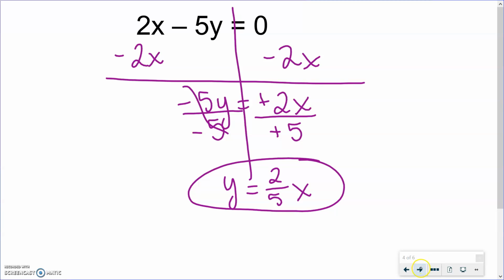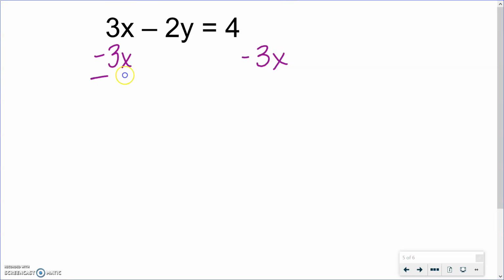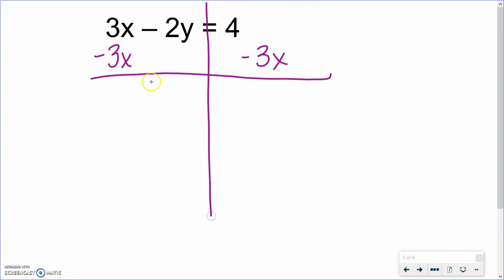Okay, next one here. Do the same things again. We want to start by getting rid of that x term over here. So minus 3x and minus 3x. So now we just have our y term, which is negative 2y equals 4 minus 3x, because again, we cannot combine things that are not like terms.